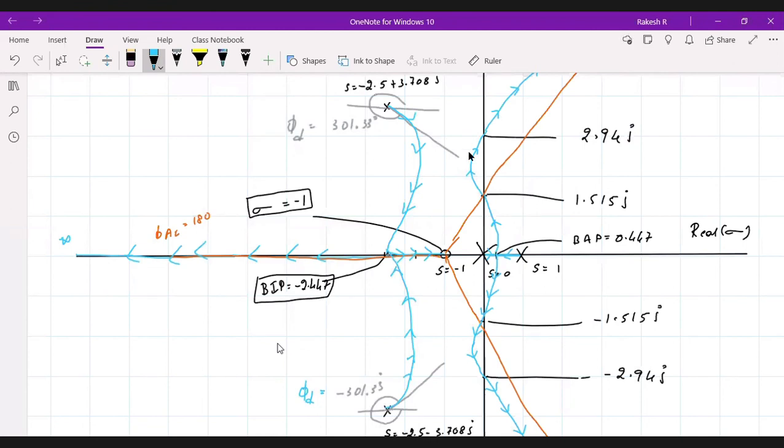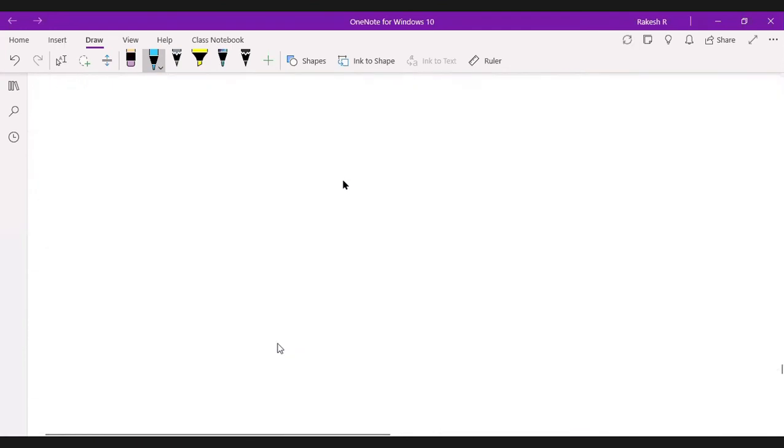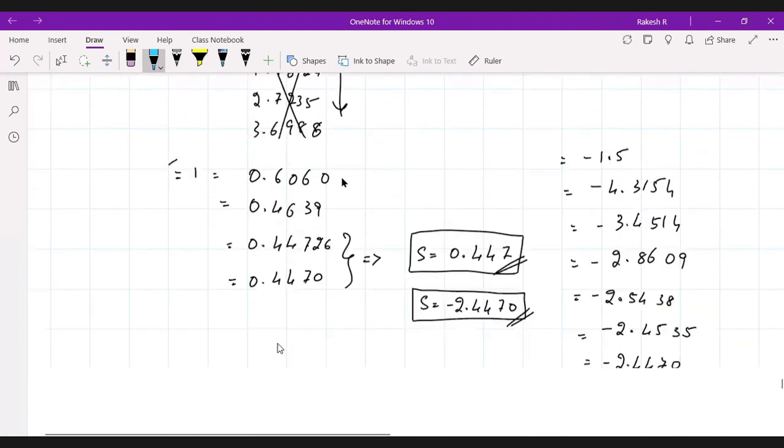Yes. Do you have any doubts in this? See here, now the system is stable only for this value. Only in this region the system is stable here. See, only this region the system is stable. When you want to state the stability, what do you need to state here? The system is stable in between the values of k.